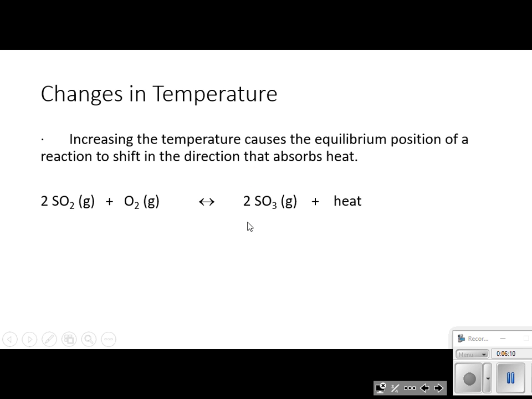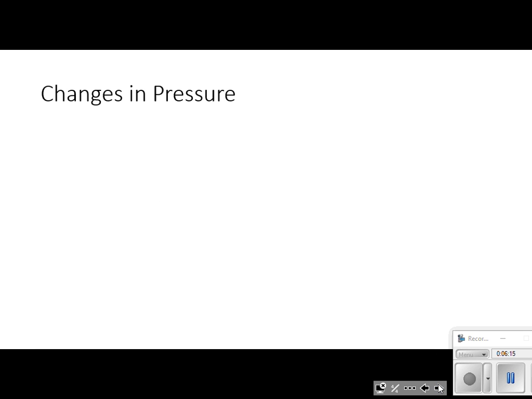His third is changes in pressure. And this one is the toughest one in my opinion, because we have to do a little bit of thinking here.